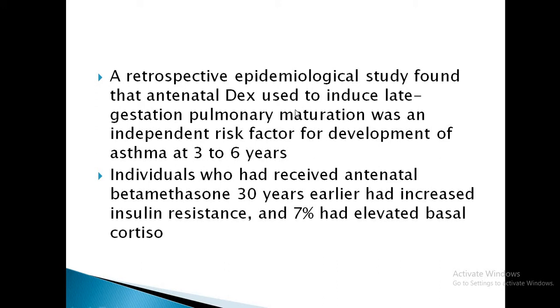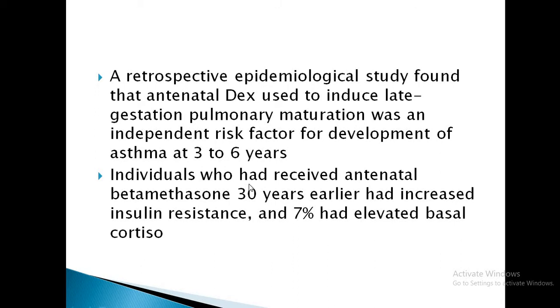So antenatal dex also is known as an independent risk factor for the development of asthma. So this was given for the gestational pulmonary maturation, but those individuals later were found to have asthma.